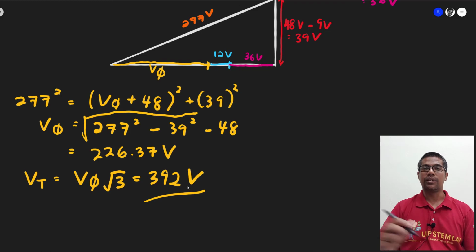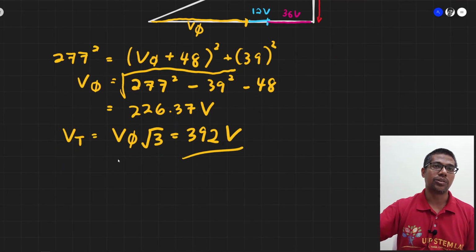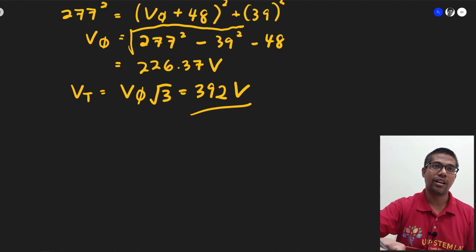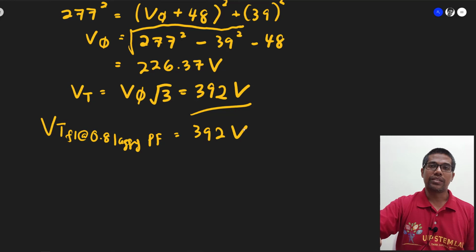So that's our answer for the first part of the question, which is the load voltage. If you want to write down the full sentence, this will be V terminal at full load at 0.8 lagging power factor, that's 392 volt. So we got one answer here.